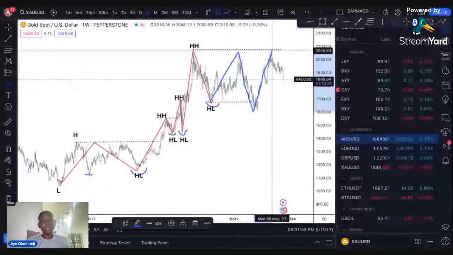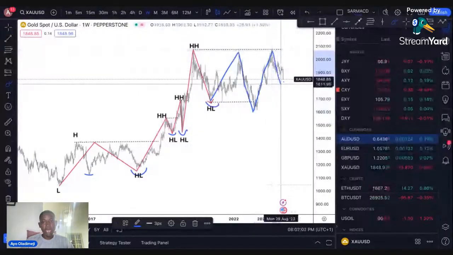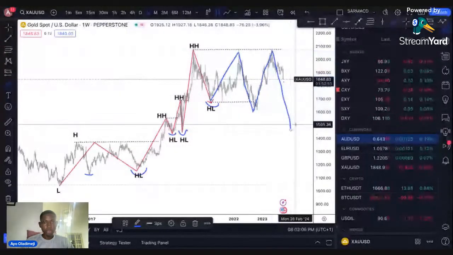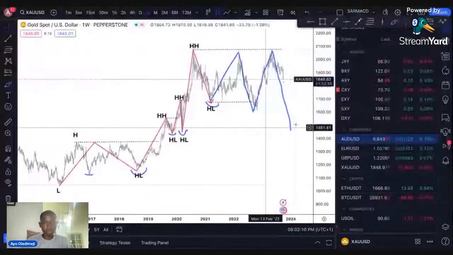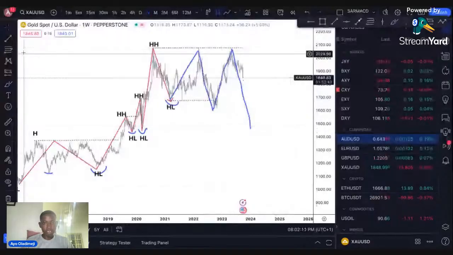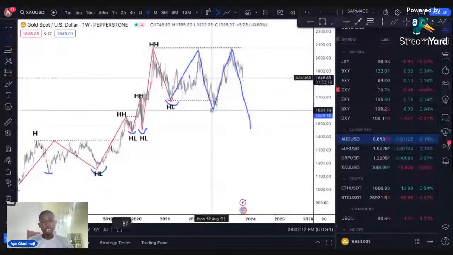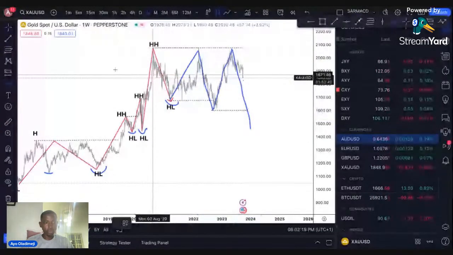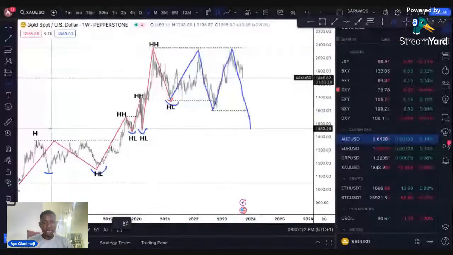Now from this point, we expect it to come and break this new low, and then continue on its own, and it has given us this high. Let me show you. We have this high here.